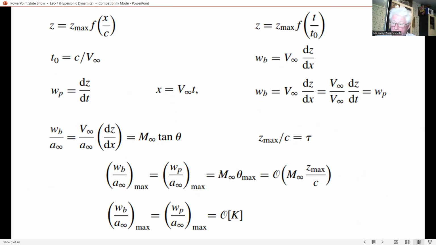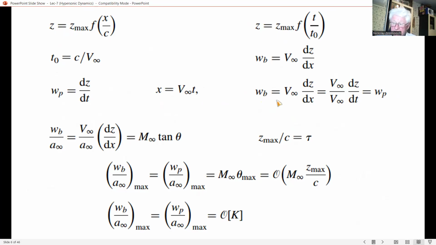So we may rewrite this expression in this case. But here W_P is dz over dt. Because x is proportional to V infinity times t, we can get this expression.